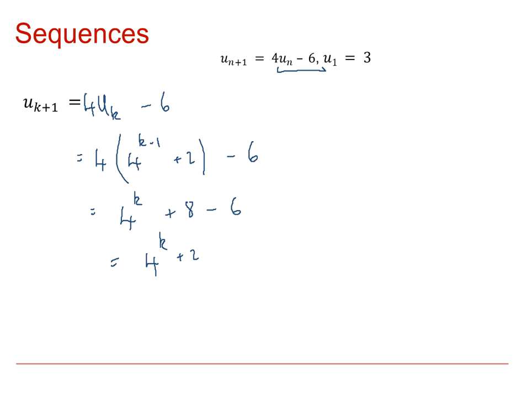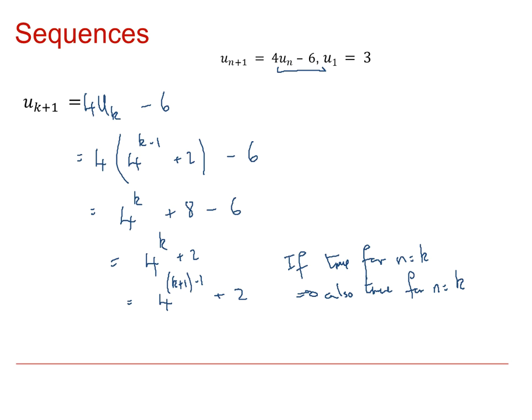Now we want to write this in terms of k plus 1, so this is 4 to the power k plus 1 minus 1 plus 2. In other words, we've shown that if it's true for n equal to k, it's also true for n equal to k plus 1.